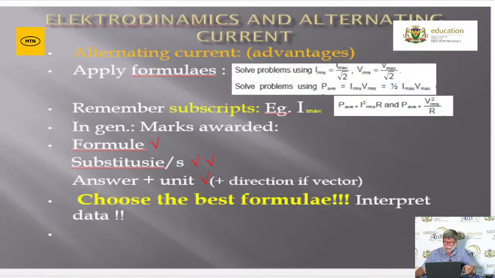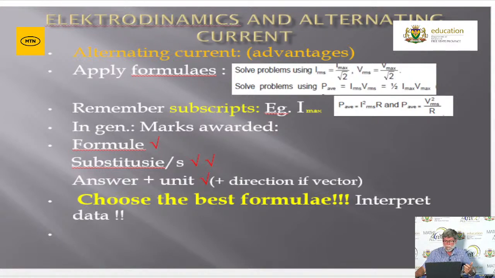Remember, there's an advantage of alternating current. Alternating current is to our advantage to help us transfer electrical energy over very big distances, and you are able to step up and step down. It was previously asked maybe a long time ago, but the advantage is you can also step up and step down your voltage.